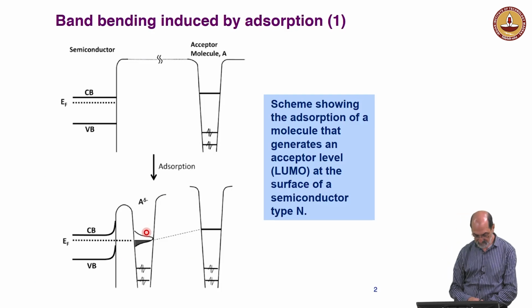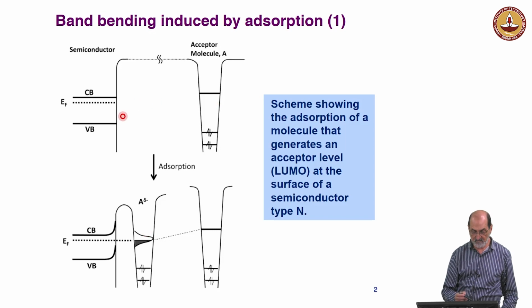As we have seen, if a molecule adsorbs on the surface, if we have oxygen in mind, it produces an acceptor state at the surface, so it captures electrons from the conduction band, and the band bending, the Schottky barrier, emerges. This level is called the LUMO, the lowest unoccupied molecular orbital. For oxygen it is in the mid gap, and that's the reason why electrons go there.